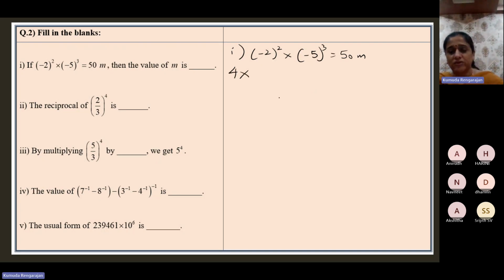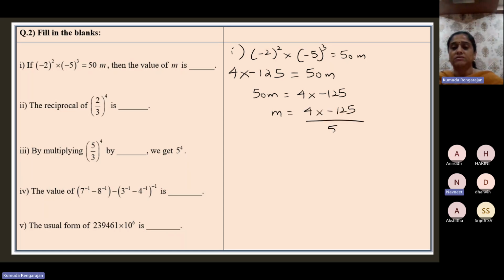Minus 5 into minus 5 into minus 5 is minus 125, because 5 fives are 25, 25 fives are 125. And minus 3 times is minus. So 50m is equal to 4 into minus 125.